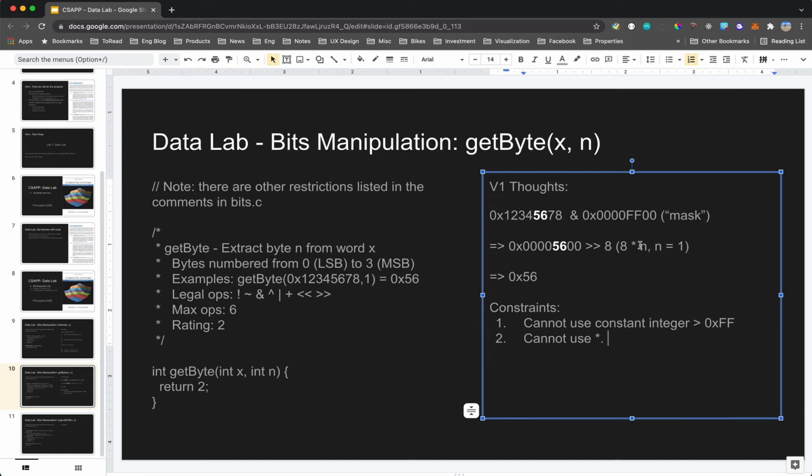And the handy way to multiply a number by 8 is that n times 8 really equals n left shifted by 3. This is because every time we shift to the left by 1 position, we multiply the number by 2, and 8 is really 2 to the 3, right? So we shift to the left by 3 and get the same effect as n multiplied by 8. Cool. With that, we can start coding.